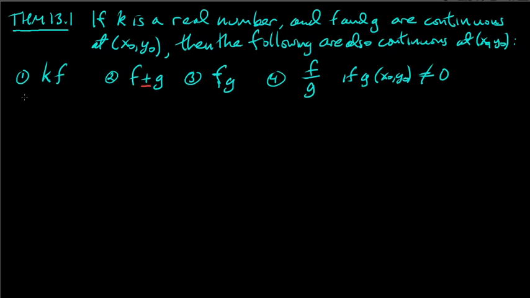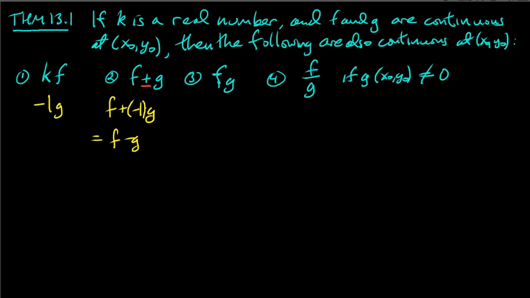The idea there is your k could be -1. So -1 times g is continuous, and f plus -1 times g is continuous, but that's the same as f minus g. So if f plus g is continuous, so is f minus g. F times g, the product of two continuous functions is also a continuous function.